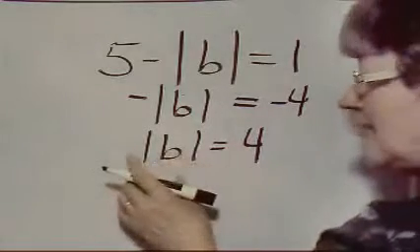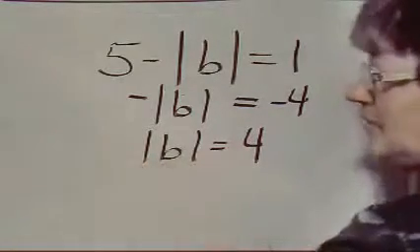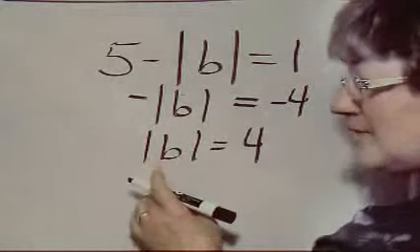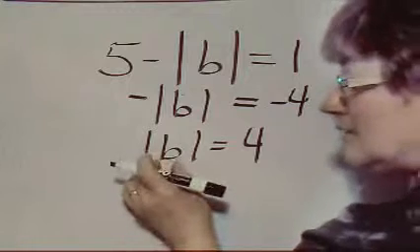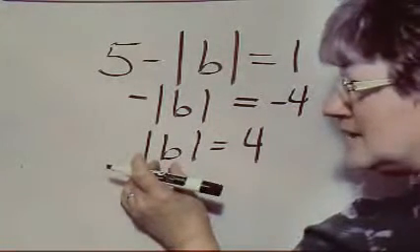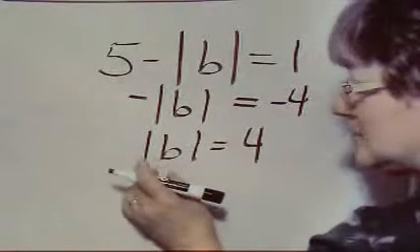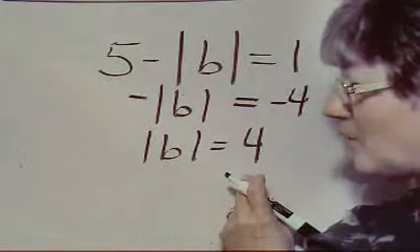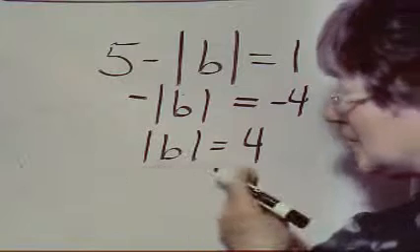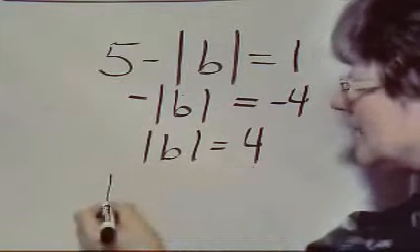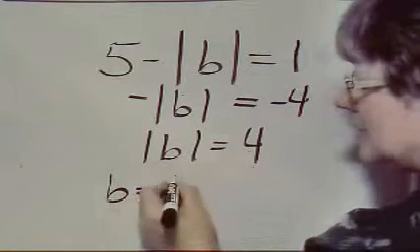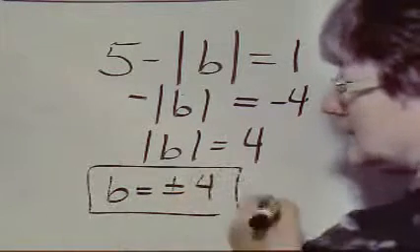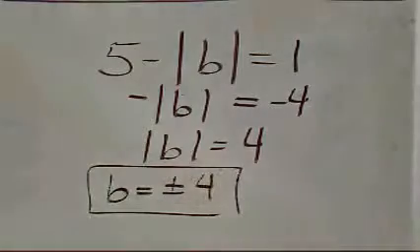Once you have this all by itself, you go back to your definition of absolute value. Inside here is equal to 4 or negative 4. It can't be 0 because this is not 0. So b has got to be equal to plus or minus 4. This is the correct way to solve those absolute value equations.